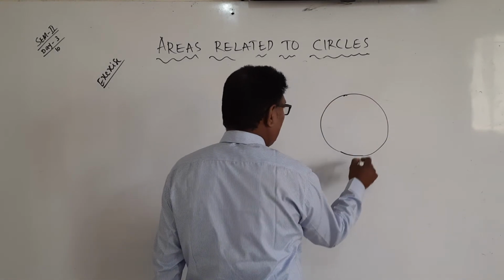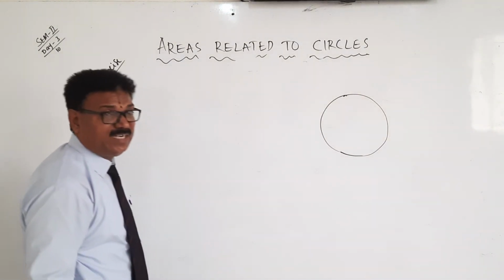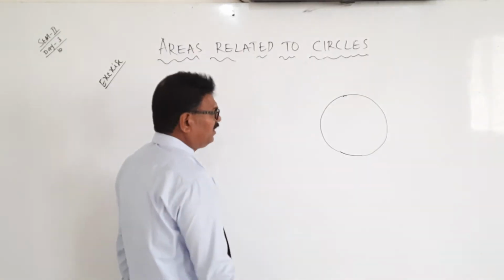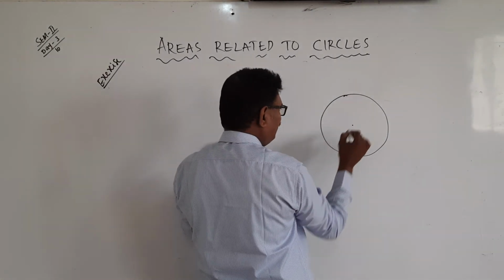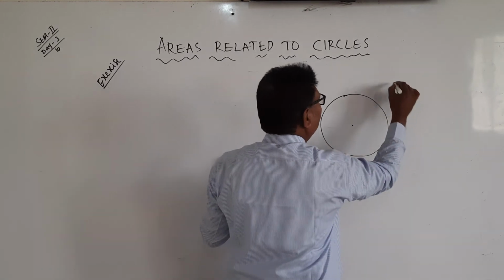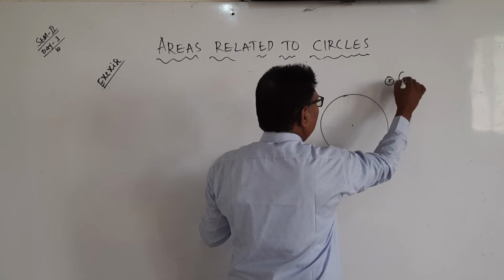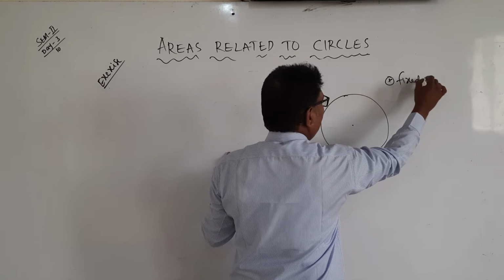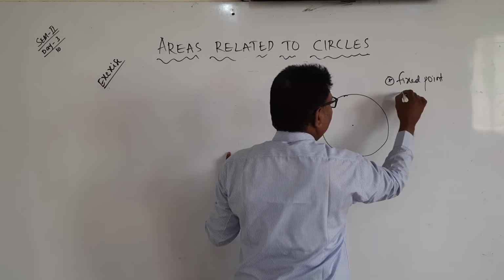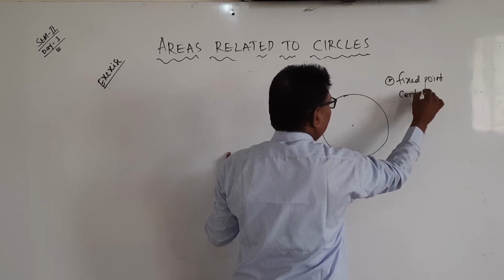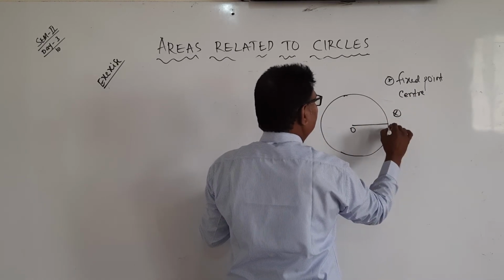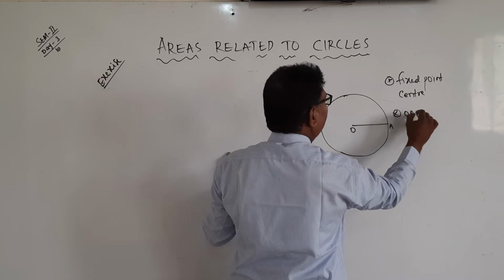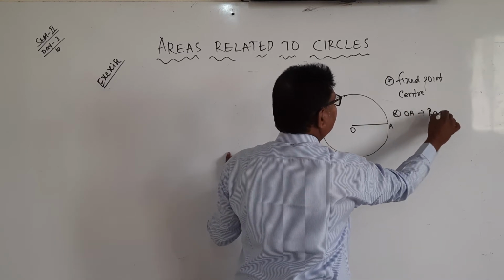But now we have to find out 2 important areas in the circle. So for that, let me start. For example, this is the fixed point. You should know this, fixed point. Fixed point means it is nothing but center. Second one, OA, it is nothing but radius.